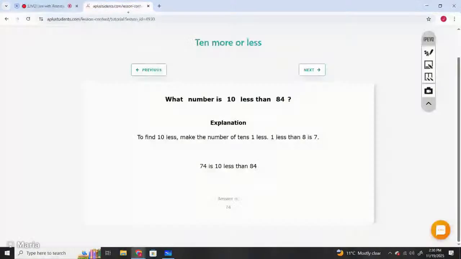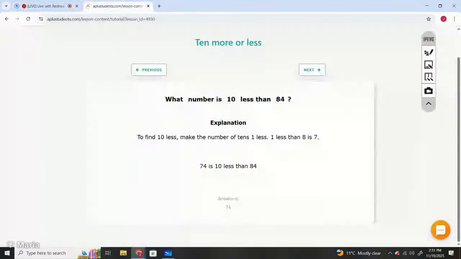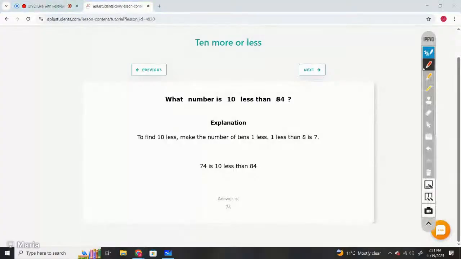10 less than 84. Less than means we need to subtract, right? So to find 10 less, make the tens digit 1 less.